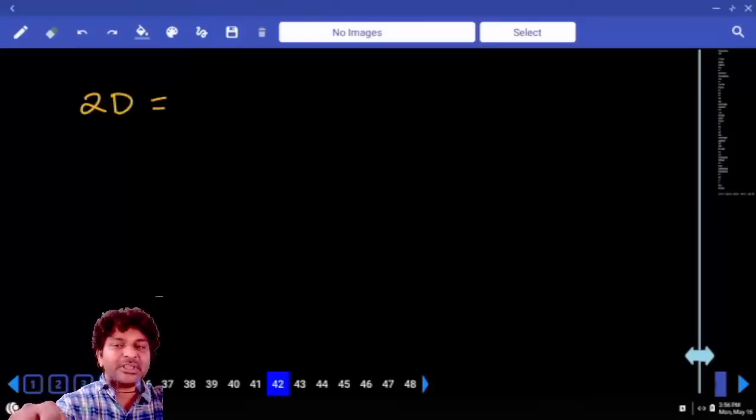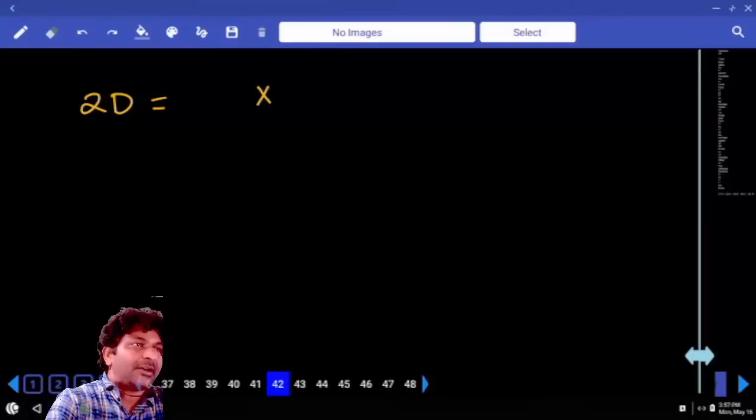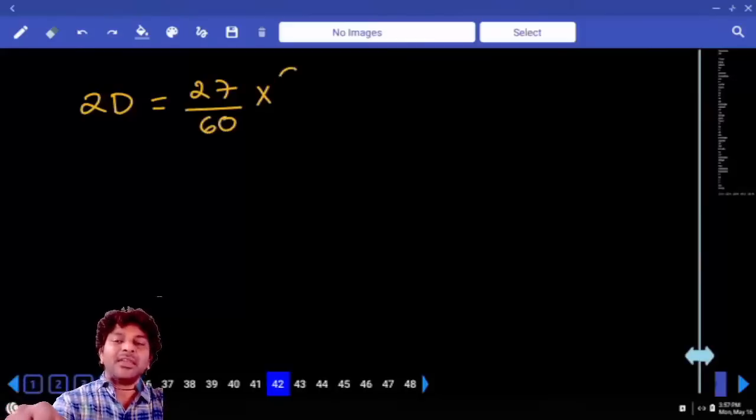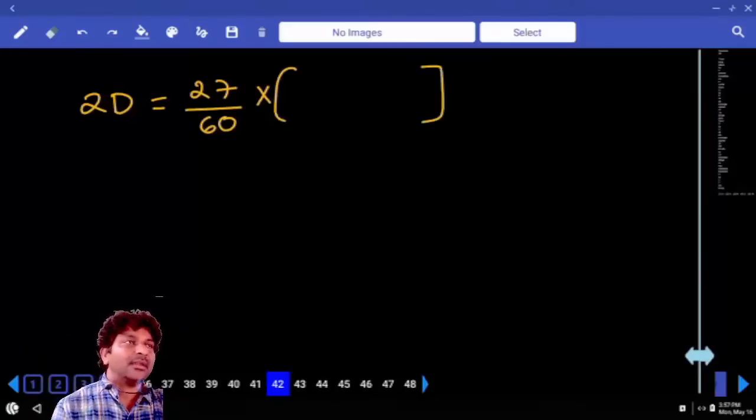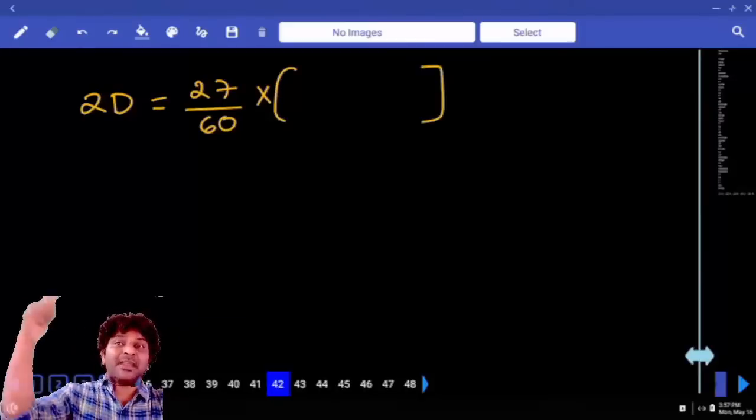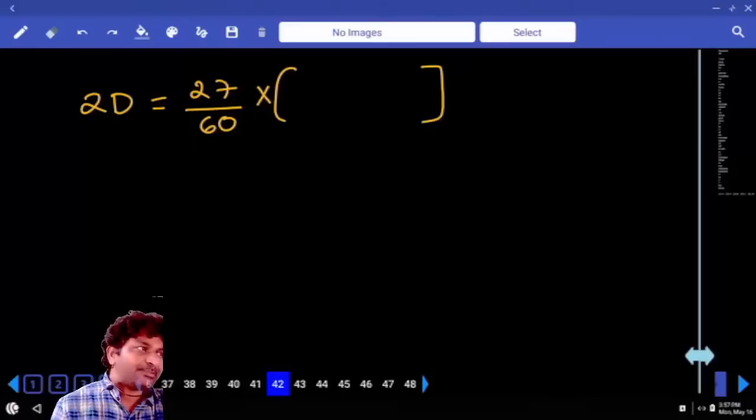Total distance must be equal to total time multiplied by average speed, correct? What is the total time mentioned? 27 minutes, converted into hours by dividing by 60. Is that clear? And the speed maintained for the entire journey is the average speed.